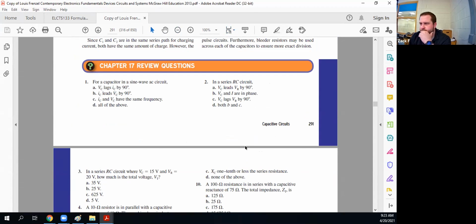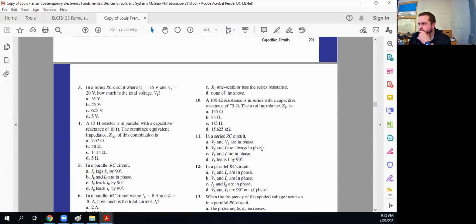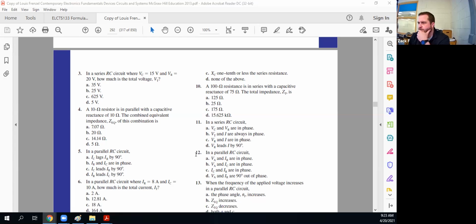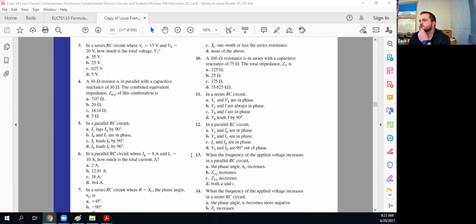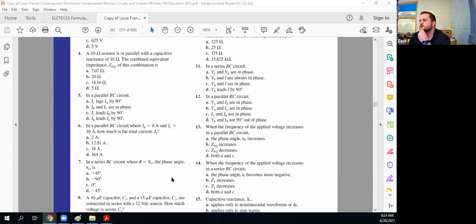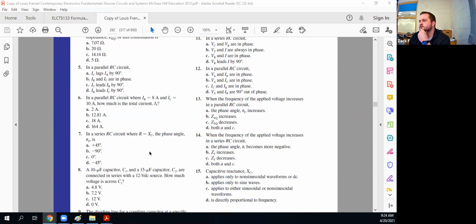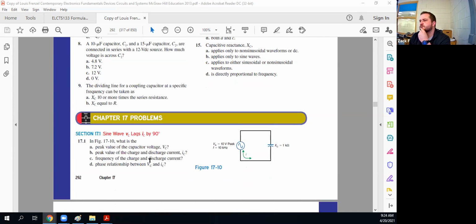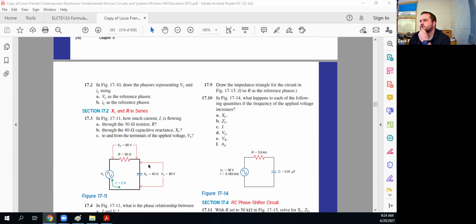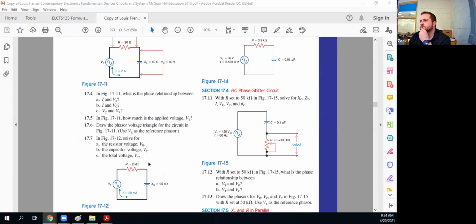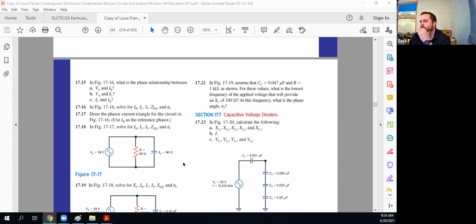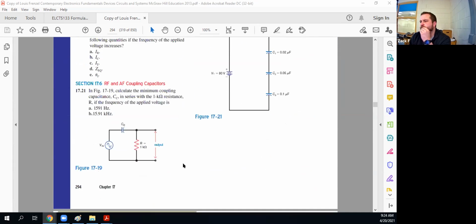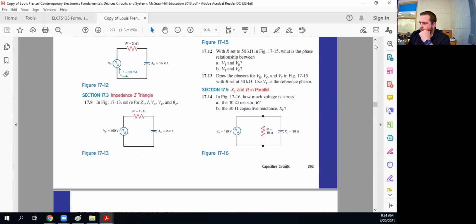The voltage, the IXC voltage is 1 amp. You know, the first question, yeah.